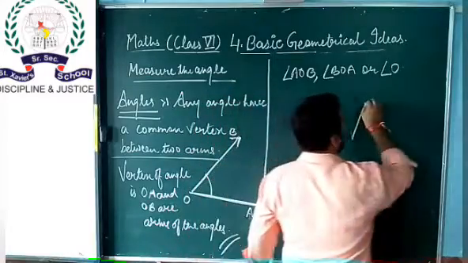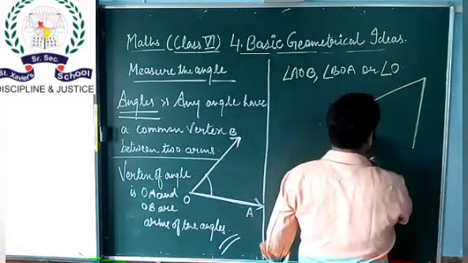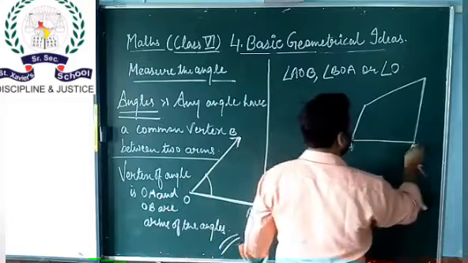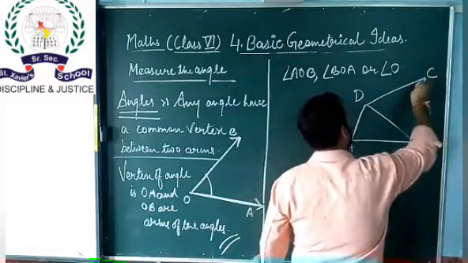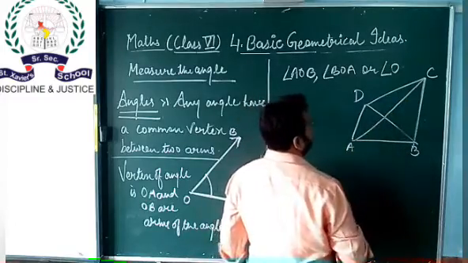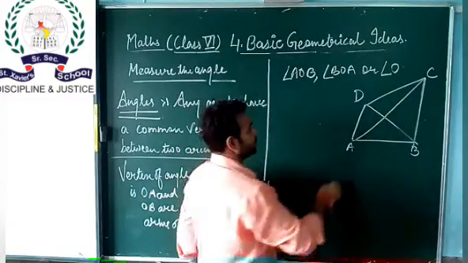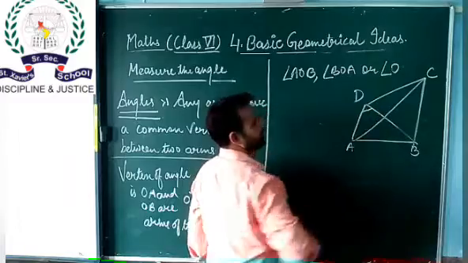Suppose this quadrilateral is given, with A, B, C, D, and two diagonals are also given, and some angles are formed. Suppose you have to write the name of this angle.